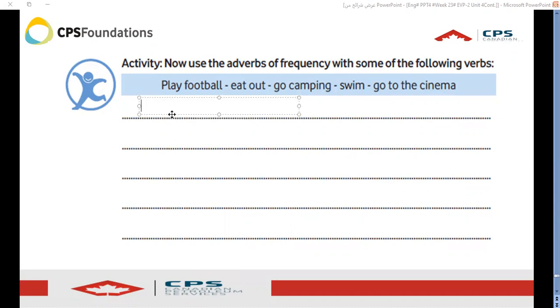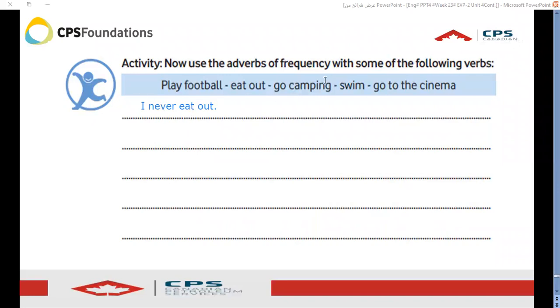So as for me, I never eat out. This is true about me. I never eat out. Where is the word never? It comes here between the subject and the verb. Remember the pattern: subject, adverb of frequency, verb.